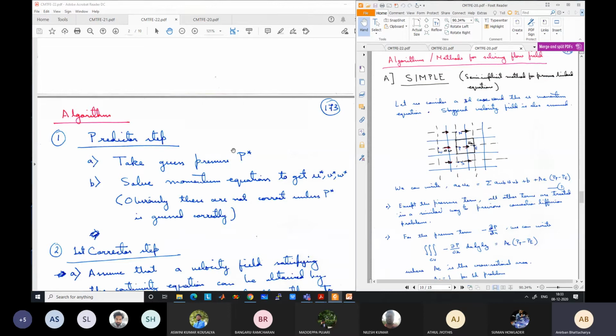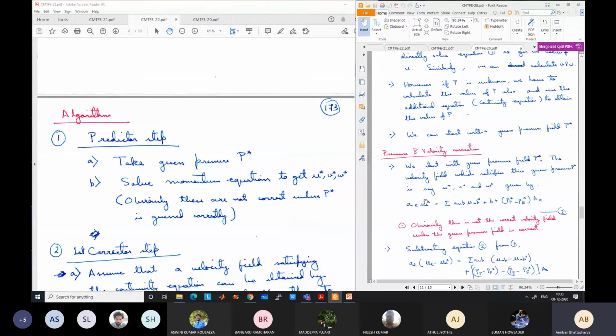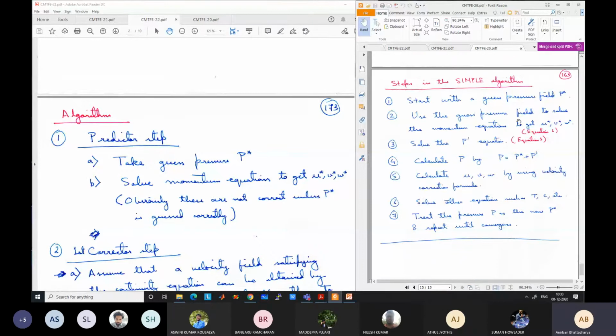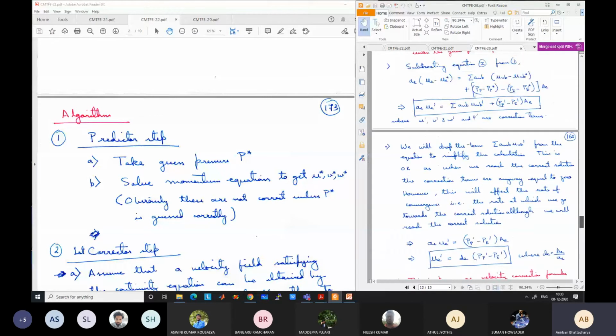Take the gauge pressure P star and solve the momentum equations to get U star, V star and W star. These two steps are the same as in SIMPLE: start with a gauge pressure and use the gauge pressure field to obtain the velocities U star, V star and W star. How do we get them?